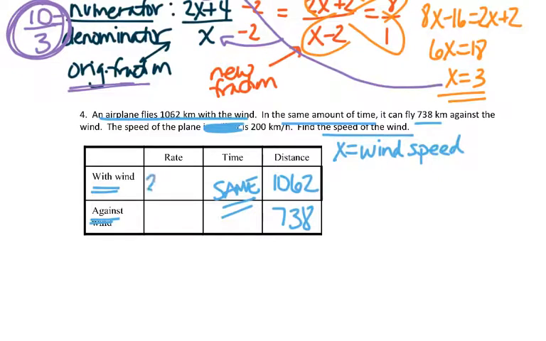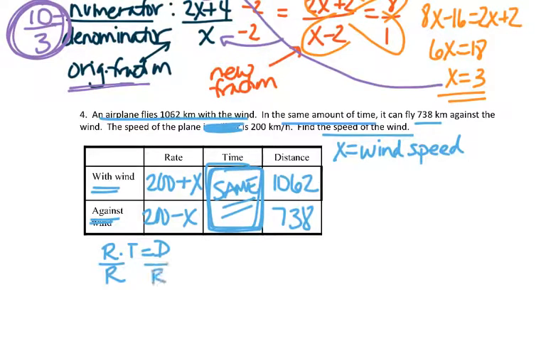Okay, so if we said if you go with the wind, you go faster, isn't that 200 plus x? And against the wind slower, 200 minus x. Now we remember from algebra that rate times time equals distance, but we have this thing with the same time. So what is time equal to? Right, time is equal to distance divided by rate, and those two times are the same.